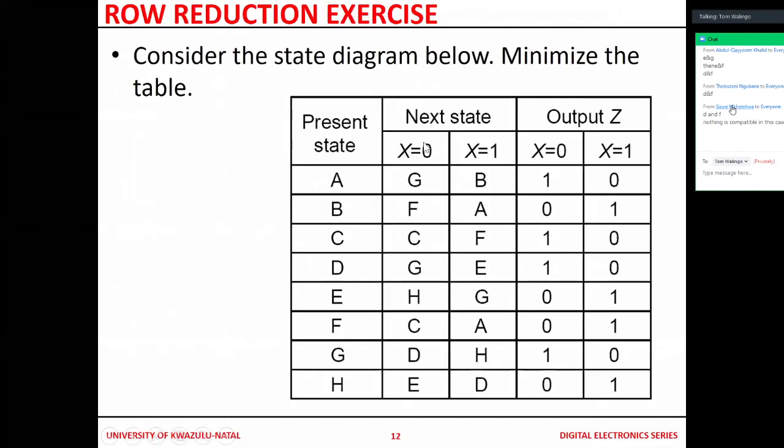That is what we call the row reduction method. Now, can you try it on that? I'm giving you 1 minute. You've been told to minimize the circuit. I'm giving you 1 or 2 minutes. Tell me which ones will you combine, and then after that, what?